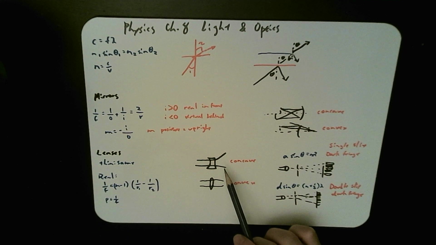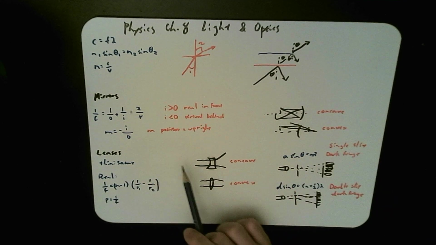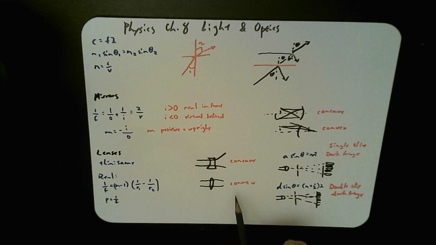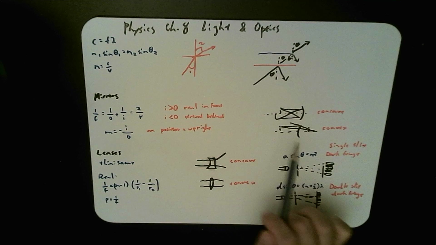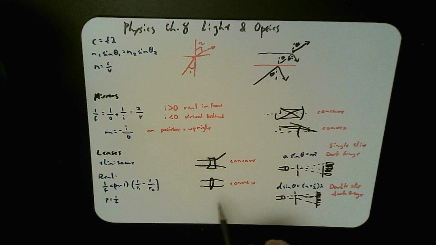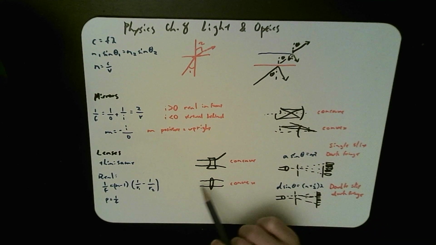Now, a concave lens is caved in on both sides. It refracts the light so that it diverges. Whereas a convex lens is a converging lens, because it concentrates the light to one spot.